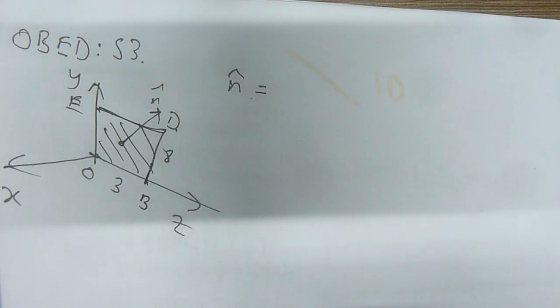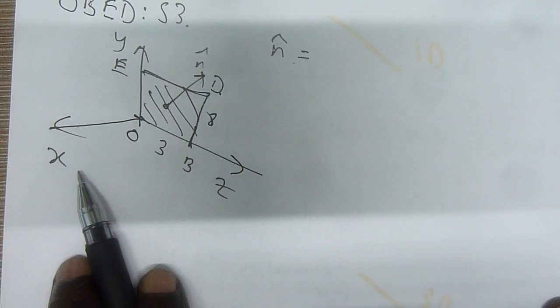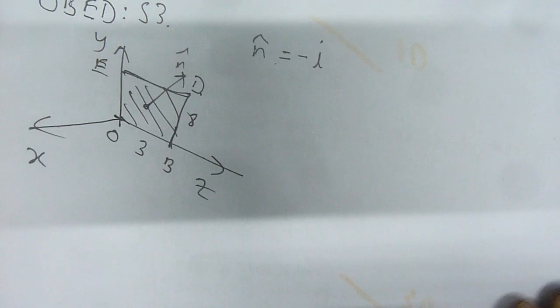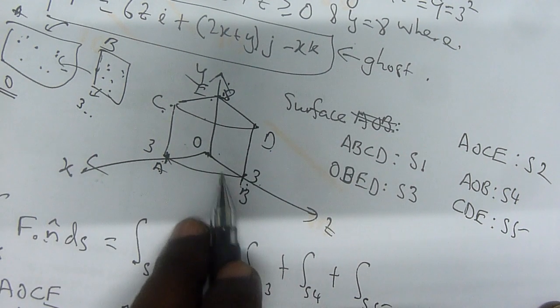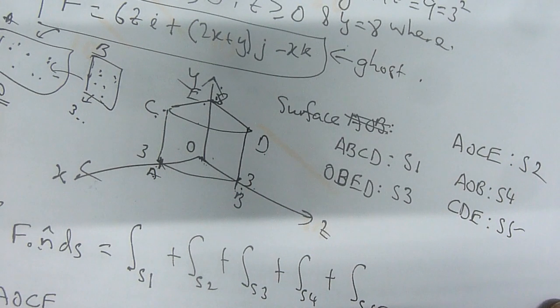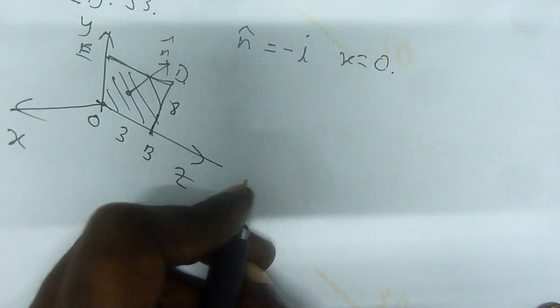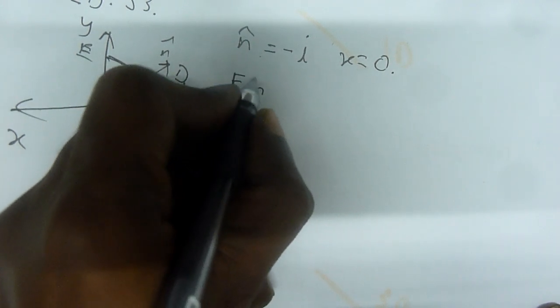Clear? Where is the normal pointing? Outside. This is the n we are talking about here. Therefore the n here is equivalent to what? Look at this. Negative i. Can you see that? What is x here on this surface? x is 0.